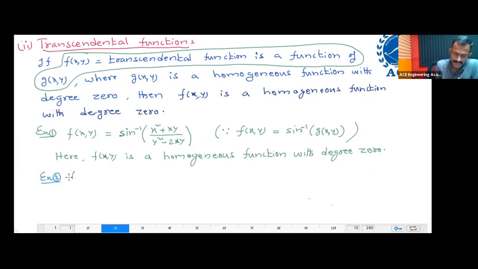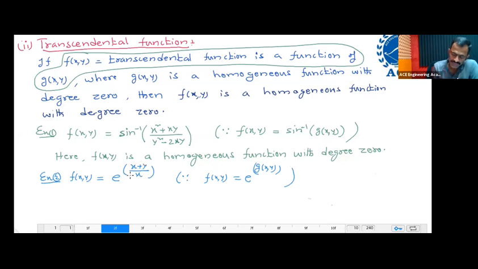Example number 2. F of x comma y equal to e power x plus y divided by x. Since it is in the form of f of x comma y equal to e power g of x comma y, for this exponential, the inner function is g of x comma y equal to x plus y by x only.